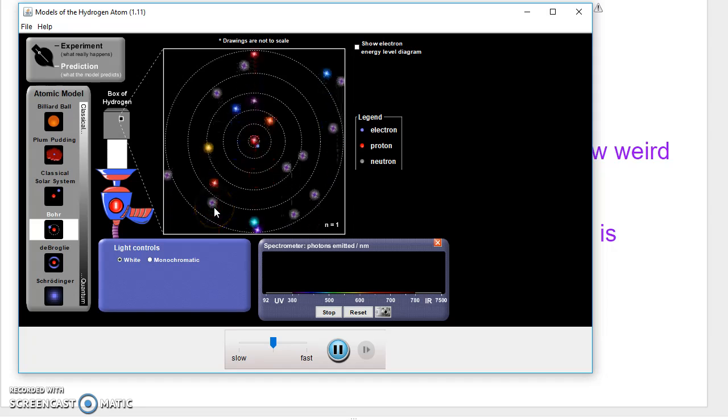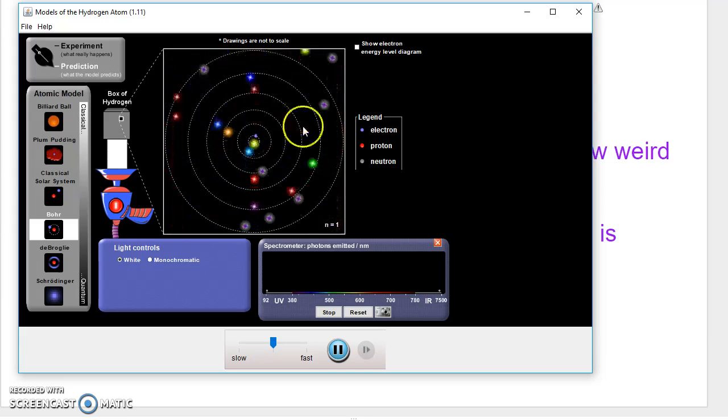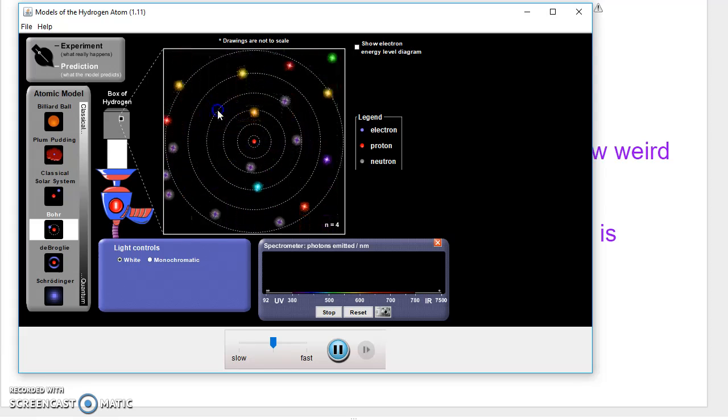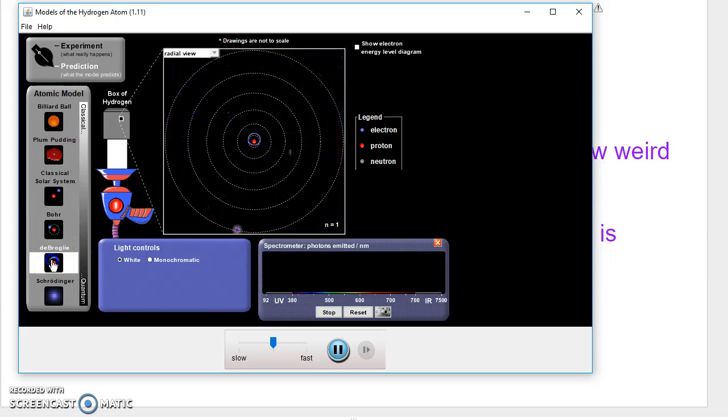Bohr's model of orbits explained a lot of things. We can see that the electrons are jumping levels, and everything works. As we said, the big problem with this model was that he couldn't explain why these dashed lines were the only ones allowed. De Broglie figured it out by his standing wave models. Only the ones that make a standing wave in these circles, that's why these circles are allowed, is because they're the ones that allow a standing wave to form. You can see how there's nice wiggling when we're at these things.